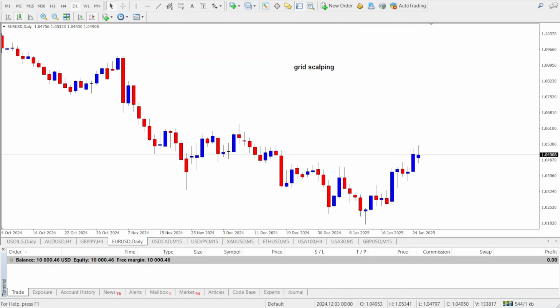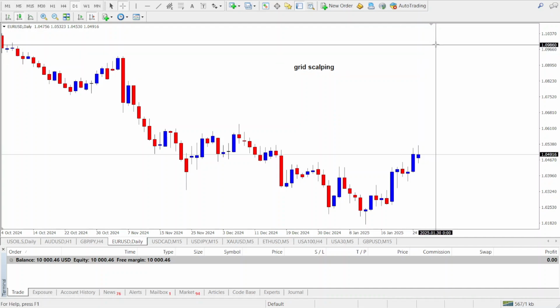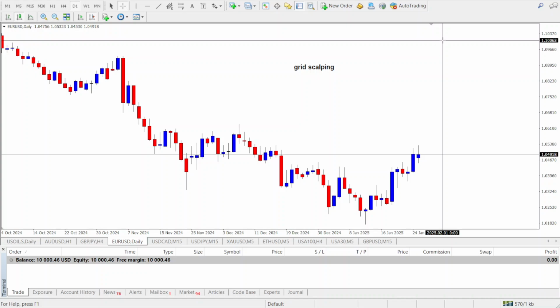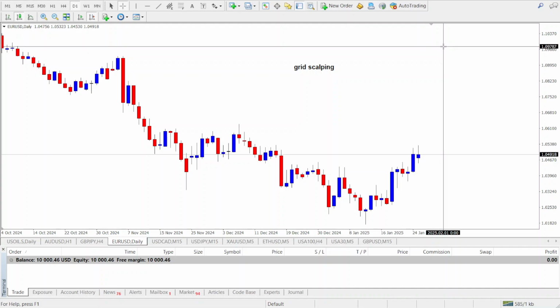So if the current price of Euro USD, let's just use a round figure, so assuming the current price of Euro USD is at 1.1, you might place buy orders at maybe 1.095.